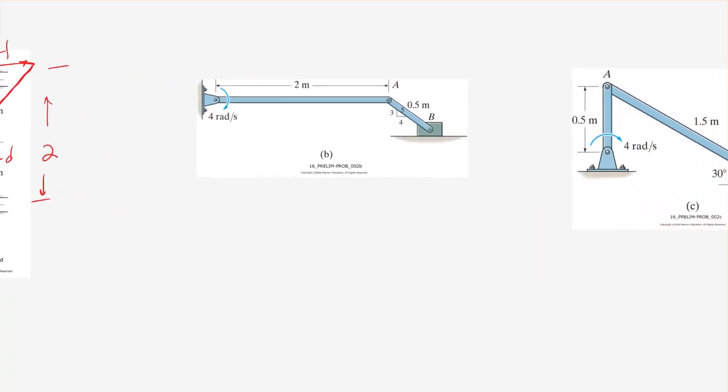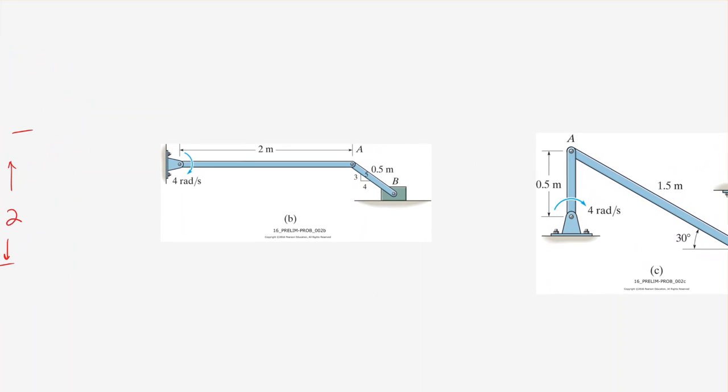This one is one of those cases where you have the non-parallel velocities. So if this omega is going this way, then the velocity runs perpendicular to the axis that the omega is related to, right? If omega goes this way or the other way, it doesn't really matter. This link right here is the axis, and at the end of it, perpendicular to it, would be velocity A. Okay?